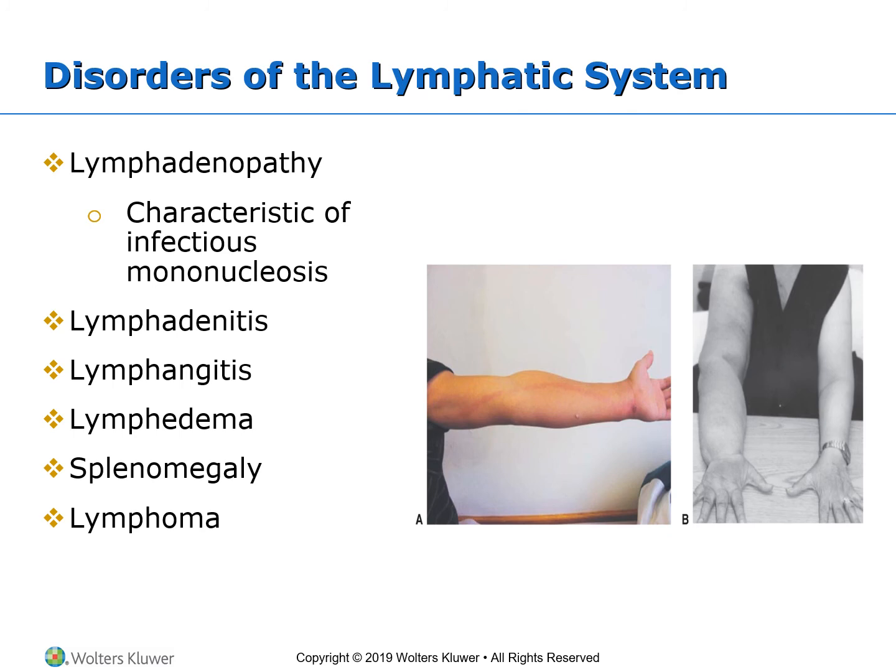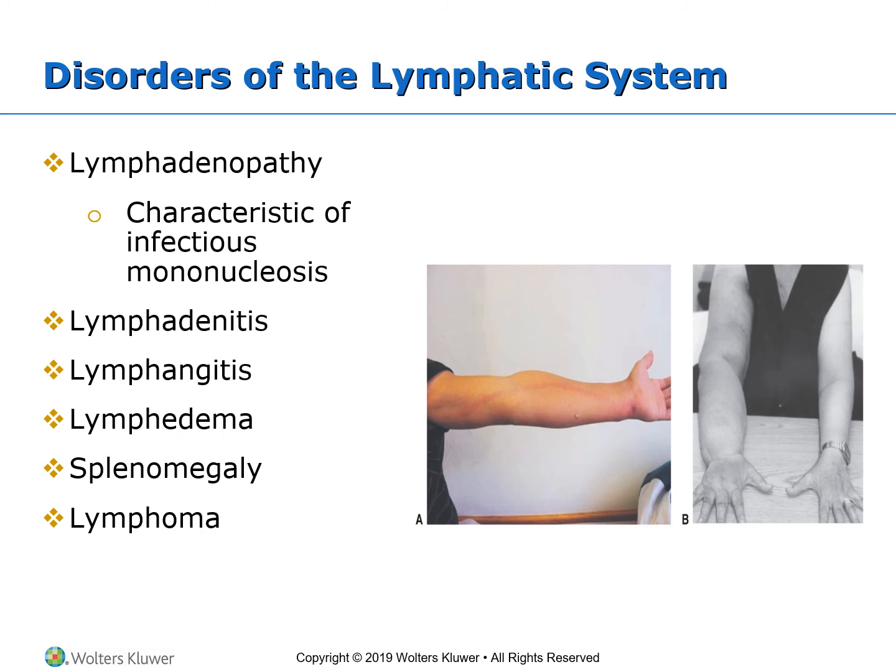Another type of inflammation is called lymphadenitis. "Itis", again, means inflammation. So this is the inflammation of the lymph nodes where the nodes will become enlarged and tender, and they may be associated with the signs of inflammation, that will be the local heat and the redness around the same area.